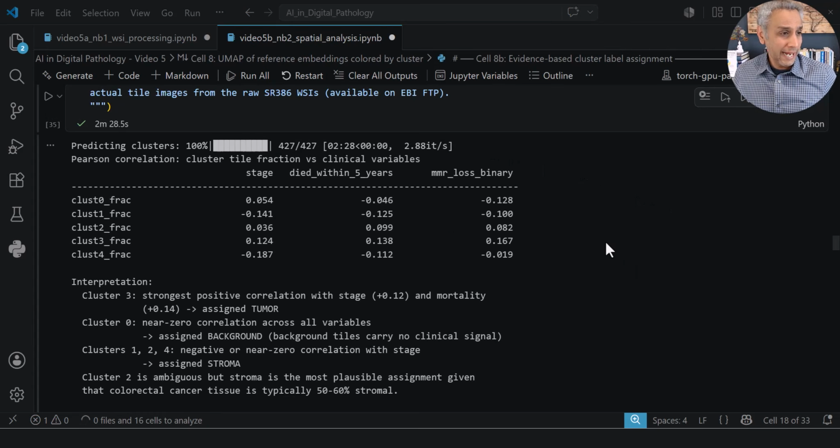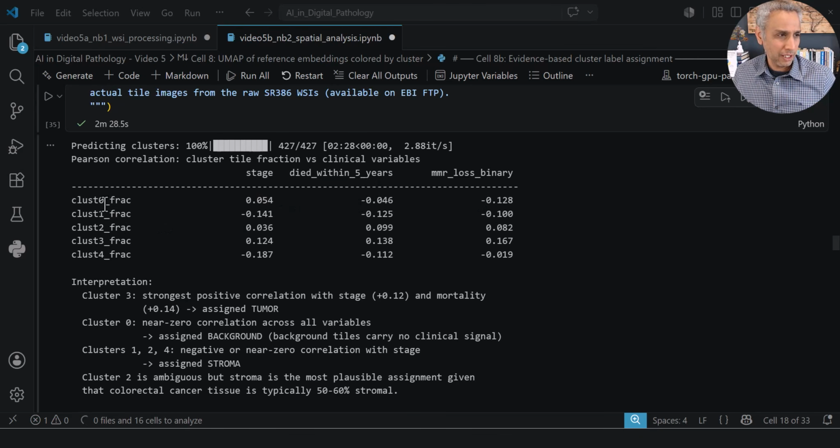Okay, so looking at the results, what can I see? Cluster 3 shows the strongest positive correlation of all with the stage, 0.124, and also the strongest positive correlation with mortality. So I am almost positive that cluster 3 is the tumor cluster. Now, cluster 0 shows almost zero correlation with stage.